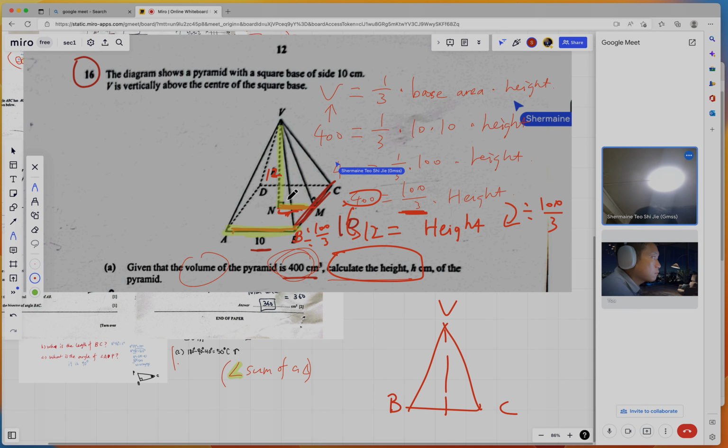So you can extract this out, VNM. This is 12 and this is 5. So what is your VM? Question mark. Can you label the ABC in the extracted triangle?